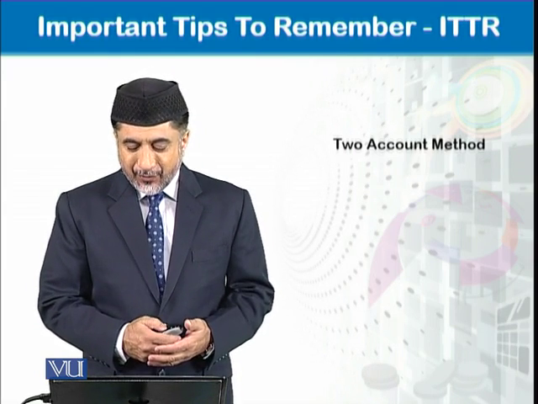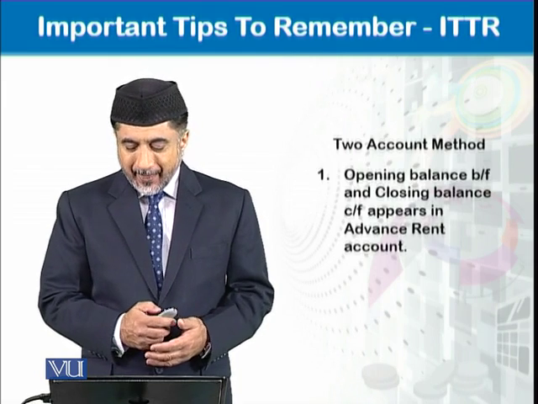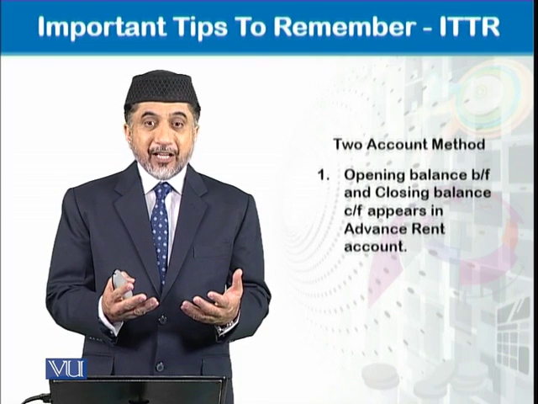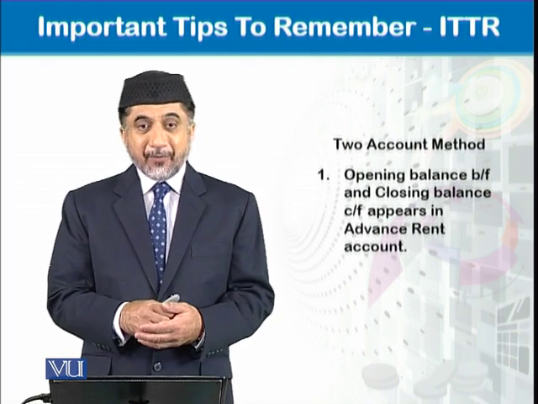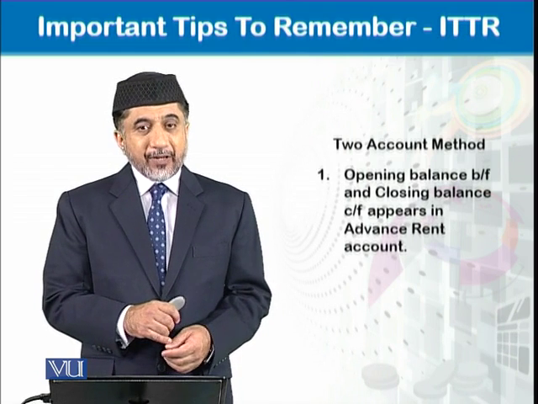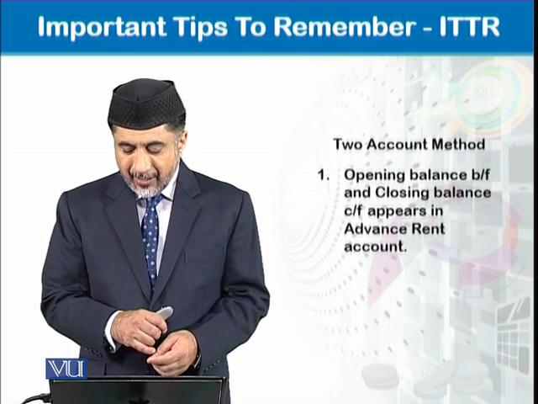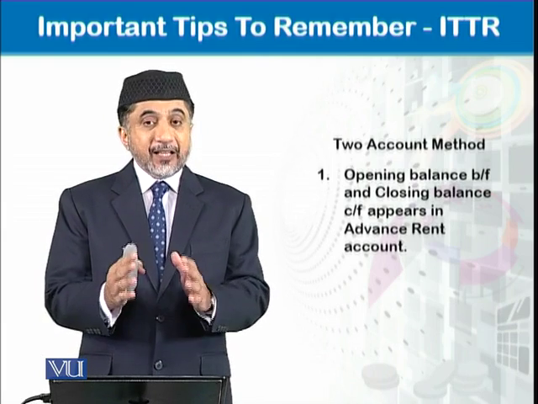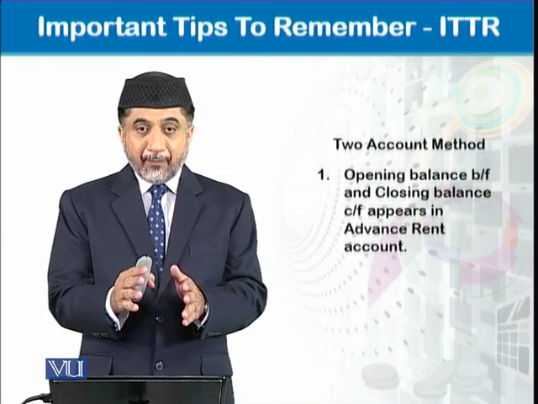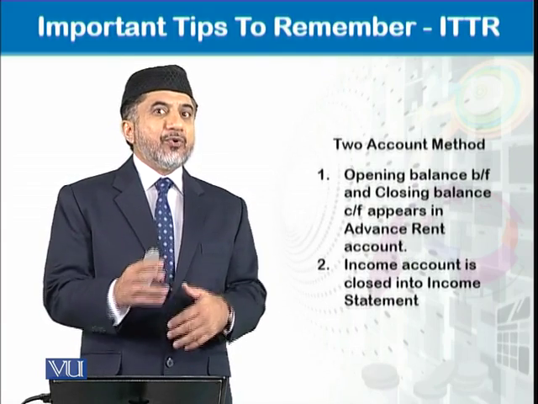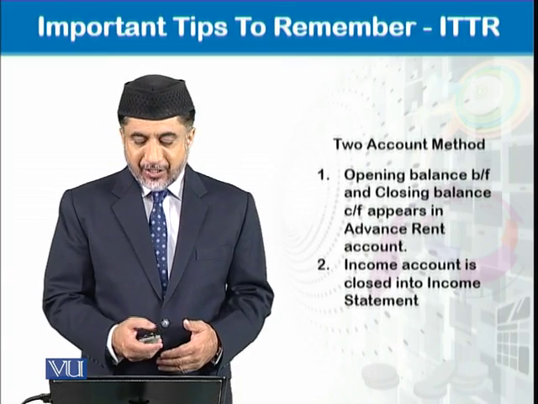Finally, for the two account method, in this income account and its reciprocal liability account, we see that opening balance is brought forward and closing balance carried forward in the advance rent account. These will never appear in the income account, whereas the income account will be closed into the income statement.